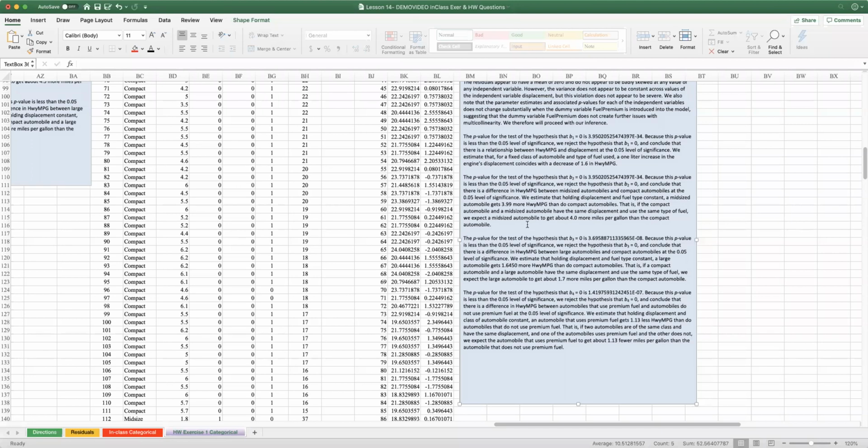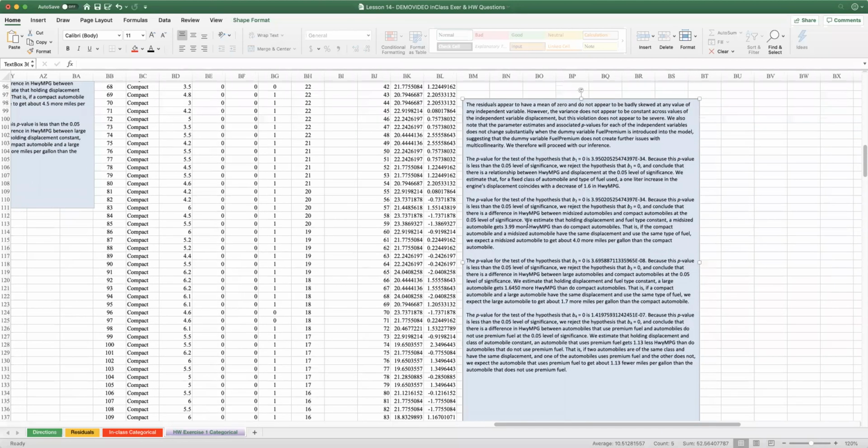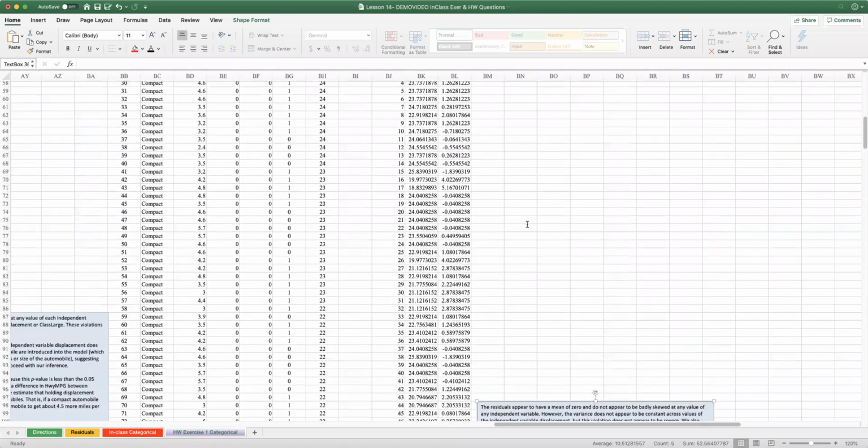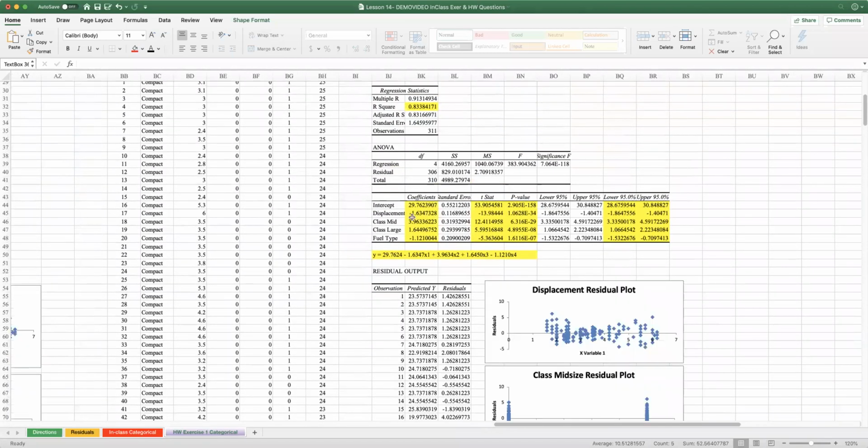All right, so that's the perfect paragraph to read for you to understand how these work, right? Whenever you're looking at these, you're holding the other variables, which in this case would be displacement and fuel type, constant, right? And you're comparing it to the compact, because compact would be 0, right? So you'd put a 0 in for this variable, it would fall out if it were compact.